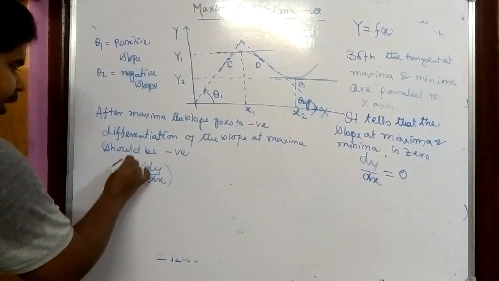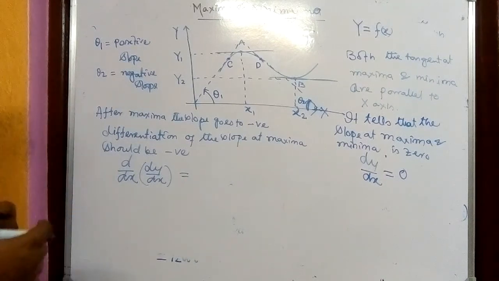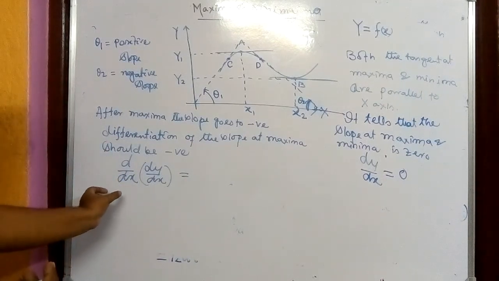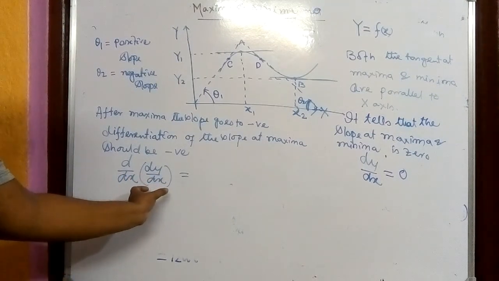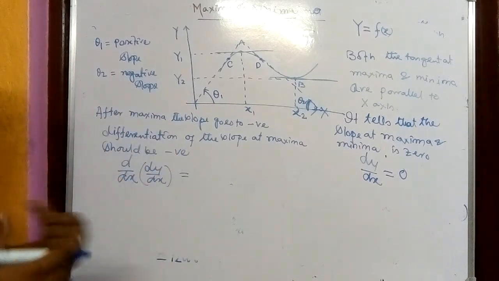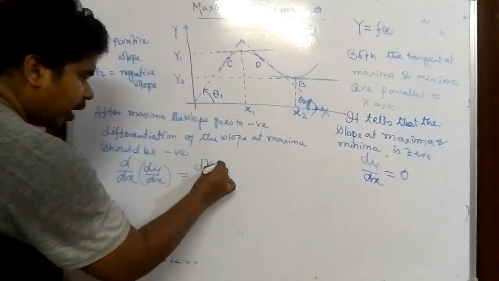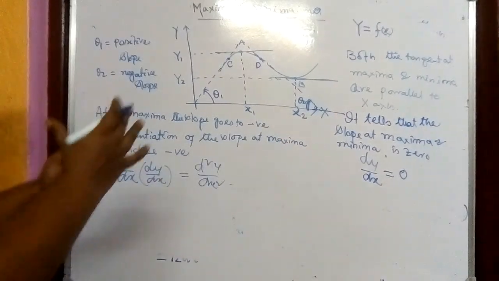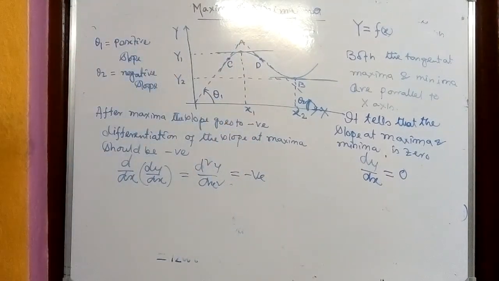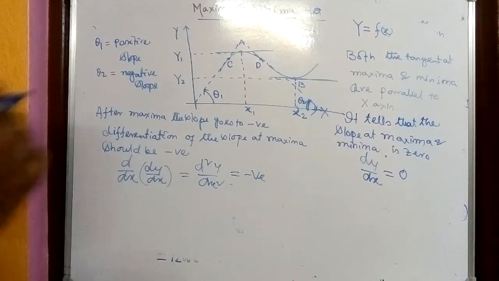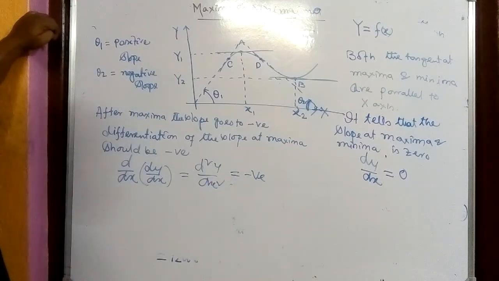If I differentiate again, we find the change of the slope, the change of y with respect to x with respect to another x. That means we have to doubly differentiate it. So d2y by dx2 at maxima should be negative, because we have seen that after maxima the slope goes negative. So the differentiation of the slope at maxima should be negative.